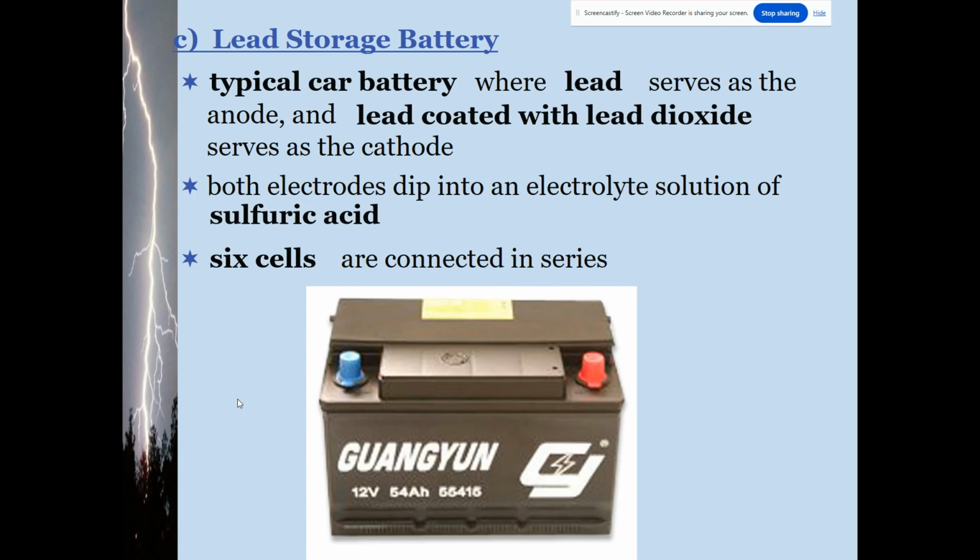And it involves lead acting as the anode and lead dioxide acting as the cathode in a solution of sulfuric acid. There's 6 cells connected in series, and each cell produces approximately 2 volts. We'll actually look at the half reactions and how many volts it actually produces. But if I multiply that by 6 of them connected in series, that gives me the 12 volts that a car battery or a lead storage battery gives off.